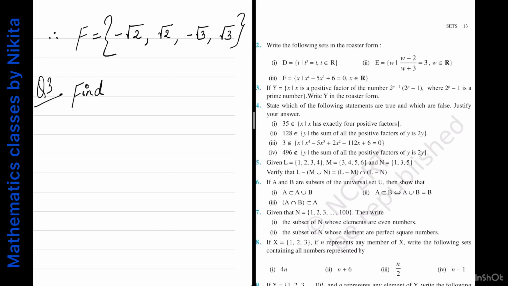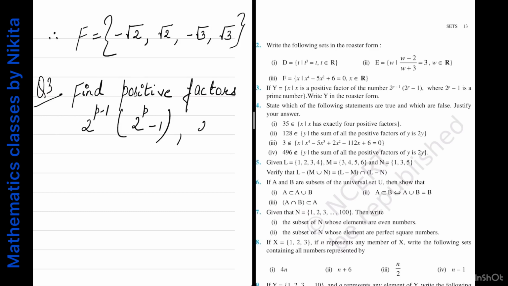You have to find positive factor or factors of the number 2 to the power p minus 1 into 2 to the power p minus 1, where it is given that 2 to the power p minus 1 is a prime number.